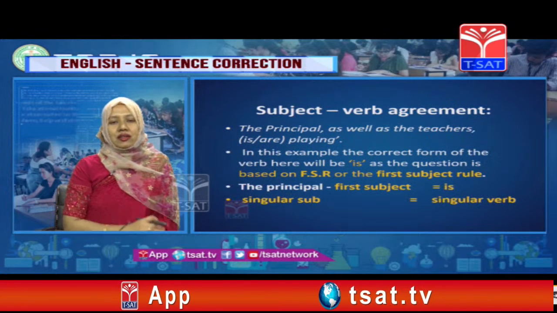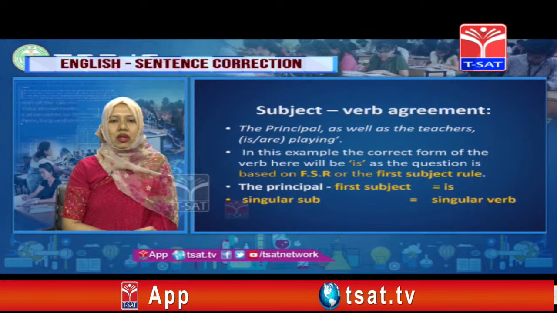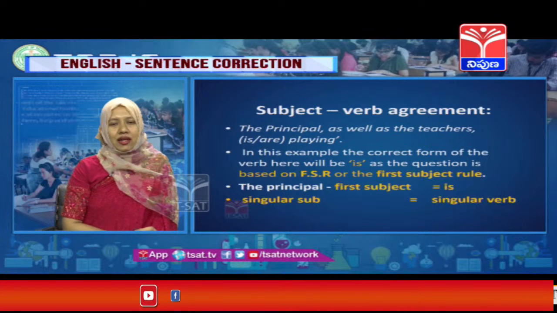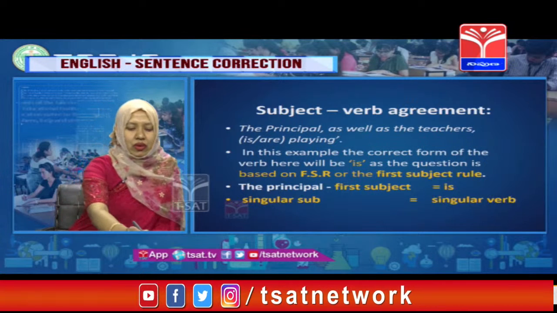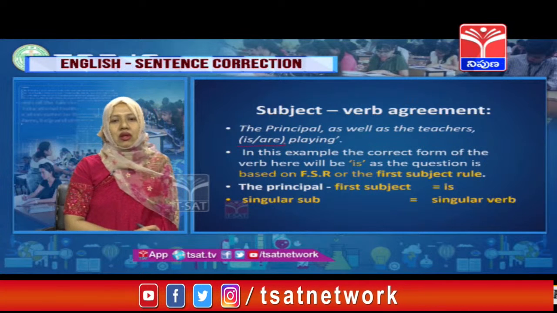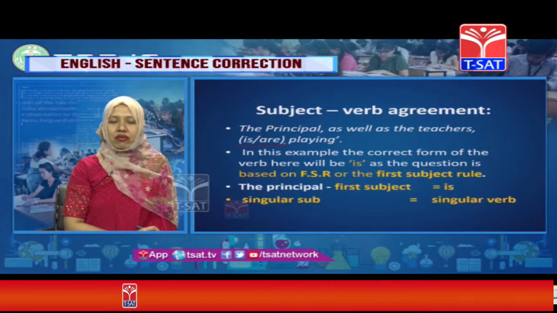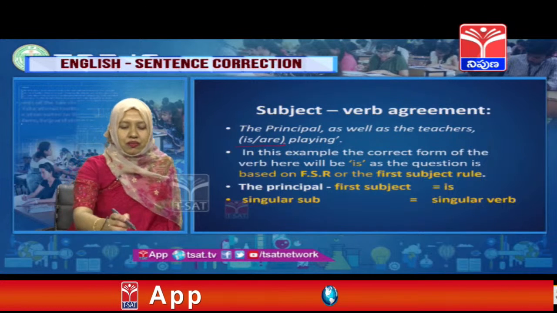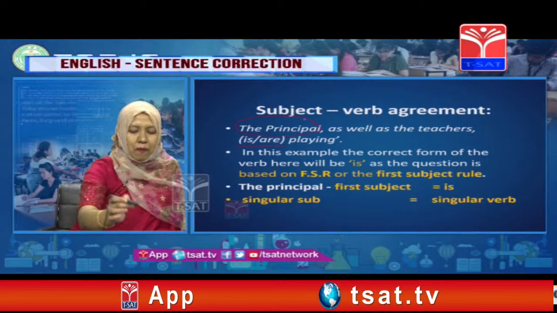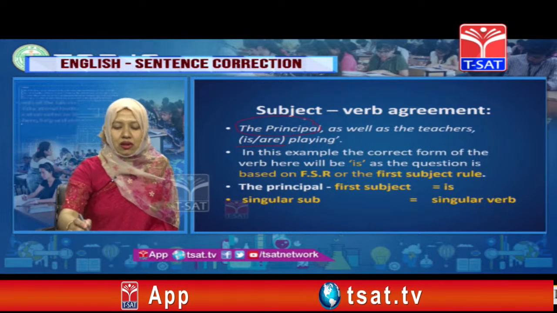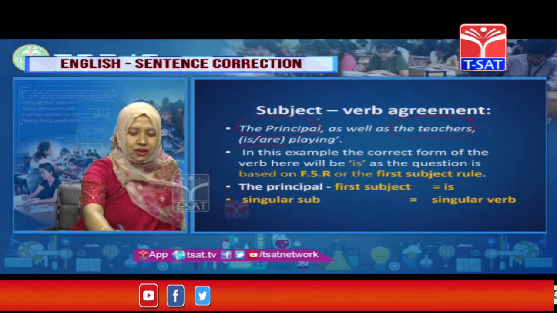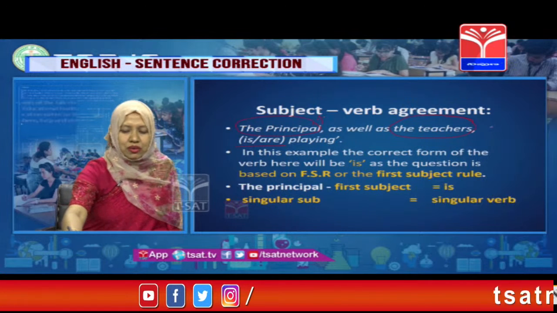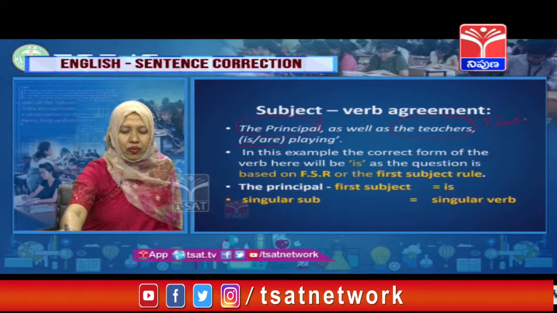Let us look at the farthest subject rule example. The principal as well as the teachers ___ playing. Now in this sentence again we have 2 subjects, the principal, the teachers. Here the subject is singular, here the subject is plural.